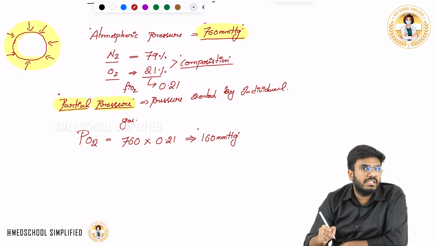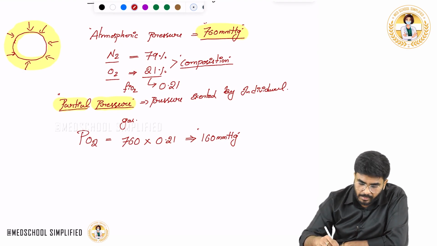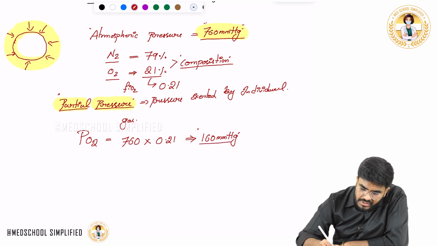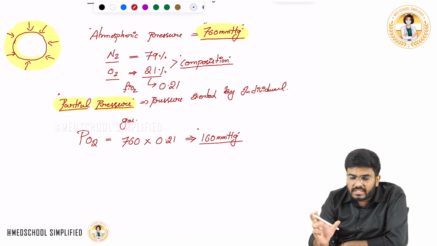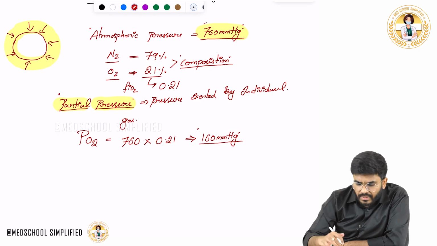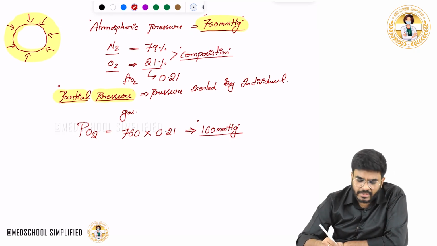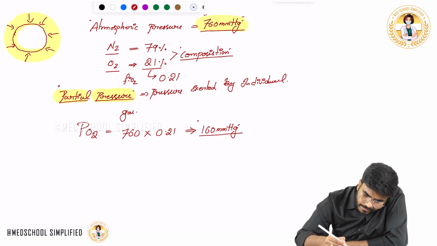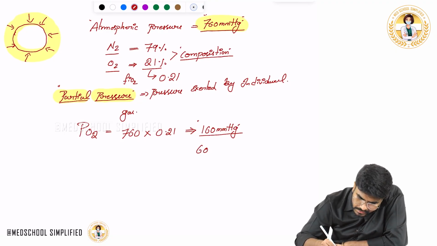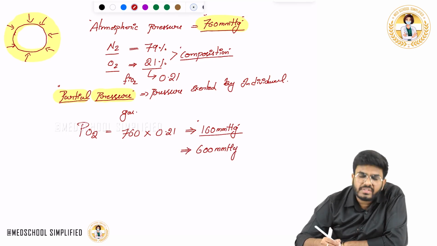All the gases together are exerting a pressure of 760 mmHg. Out of the 760 mmHg, 160 mmHg is because of oxygen. Oxygen is taking this much. If 160 is because of oxygen, the remaining 600 mmHg is because of which major gas?